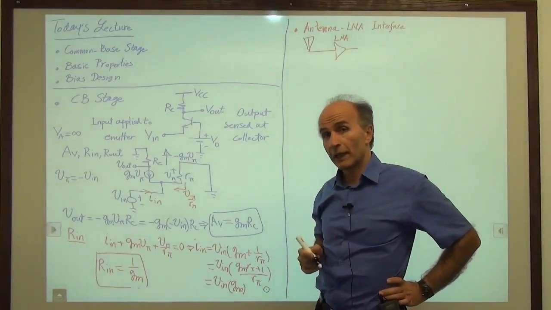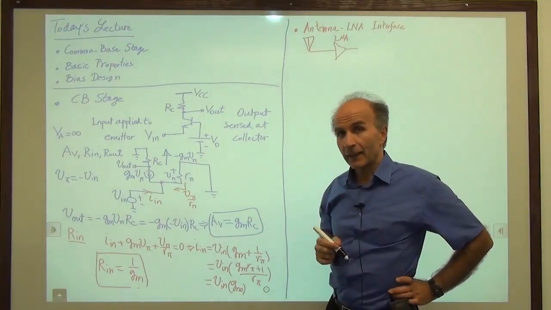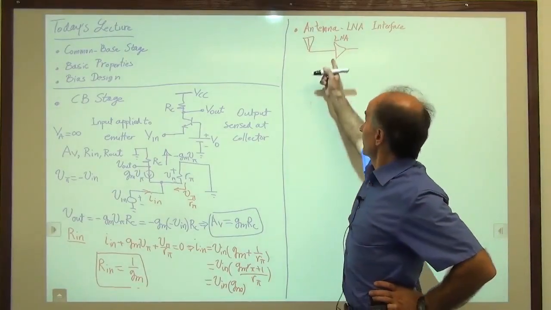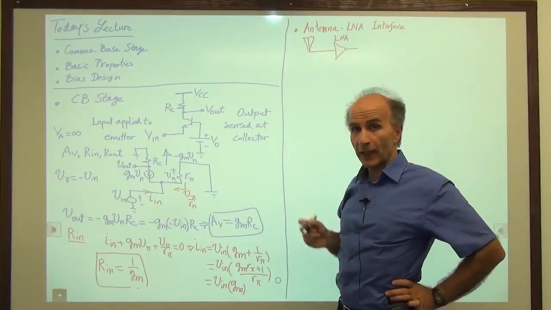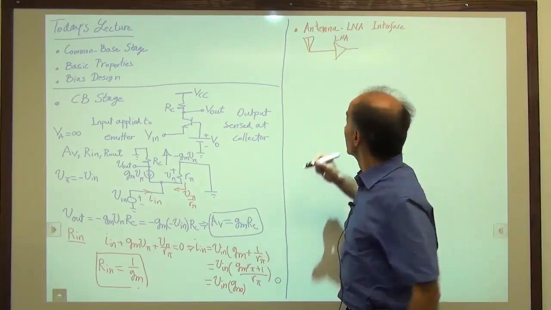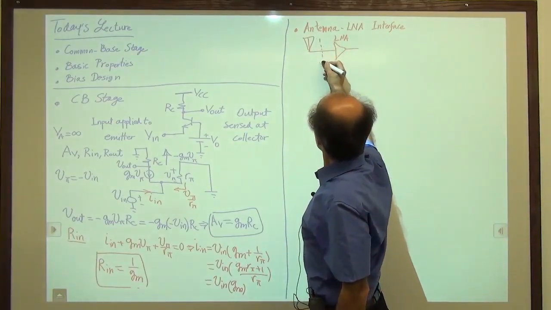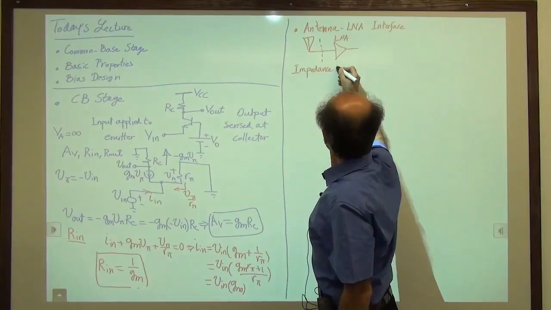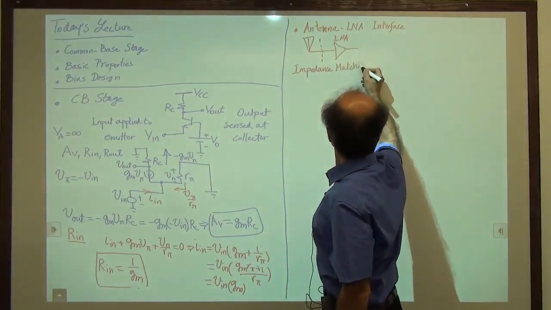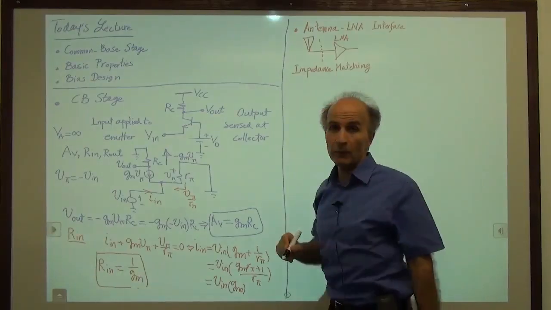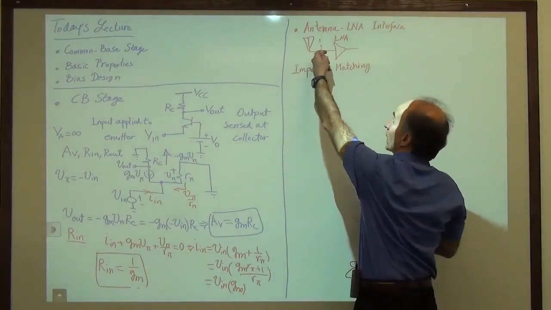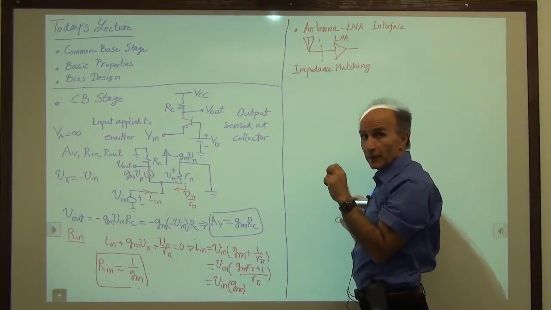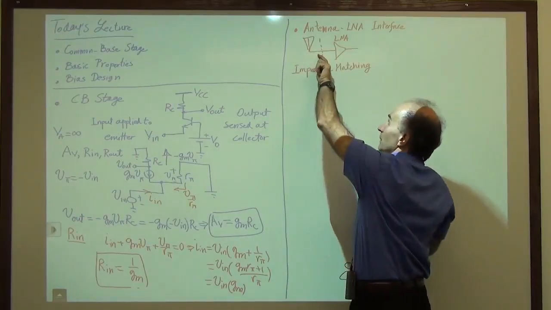Now you might remember from your electromagnetics courses that if we connect an antenna to another circuit, at this point we have to have impedance matching. So right here we need to have impedance matching, and by that we mean the input impedance of the LNA must be the conjugate match of the impedance of the antenna.